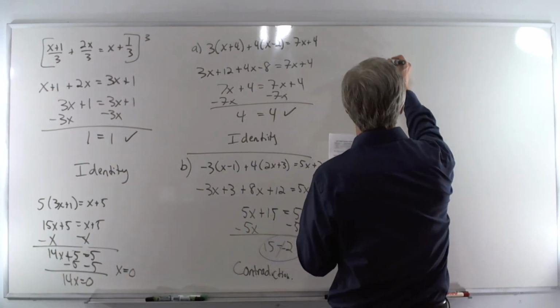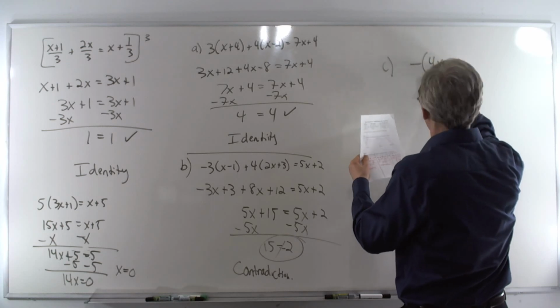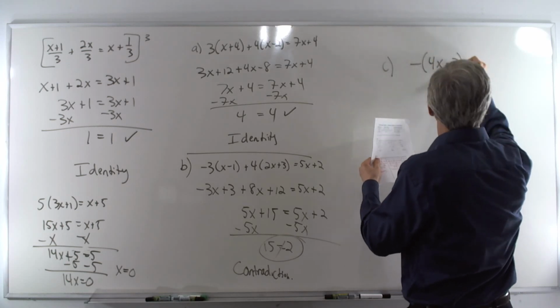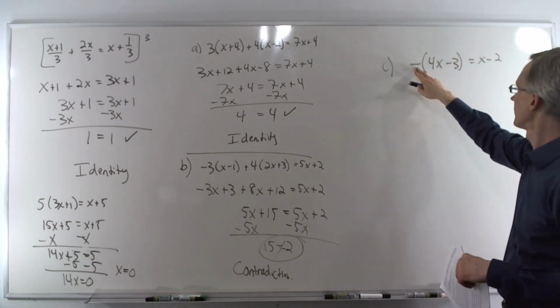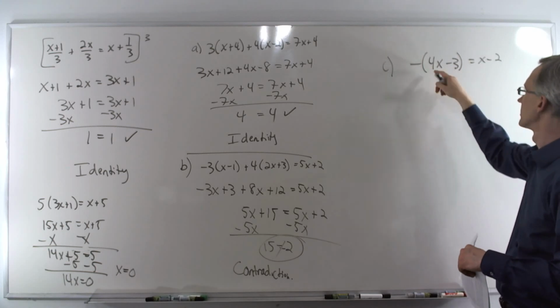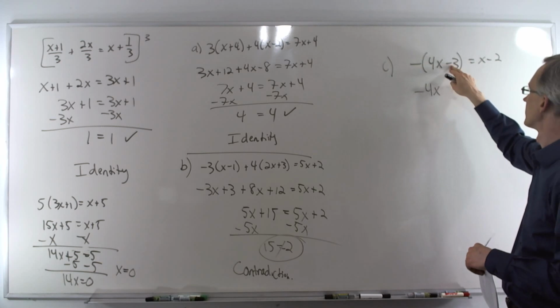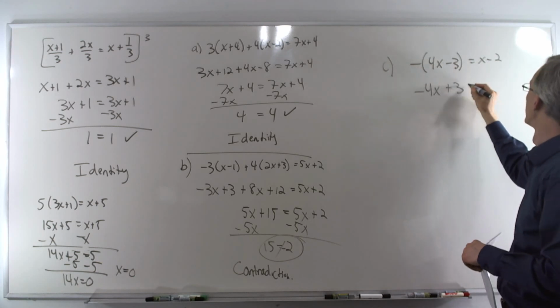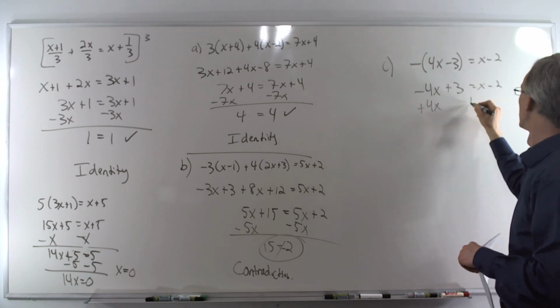Part C. In this case, we got a negative on the outside of parentheses, so we're going to distribute the -1 in here. So -1 times 4x is -4x. -1 times -3 is +3. All right, now I'm going to add 4x to both sides.